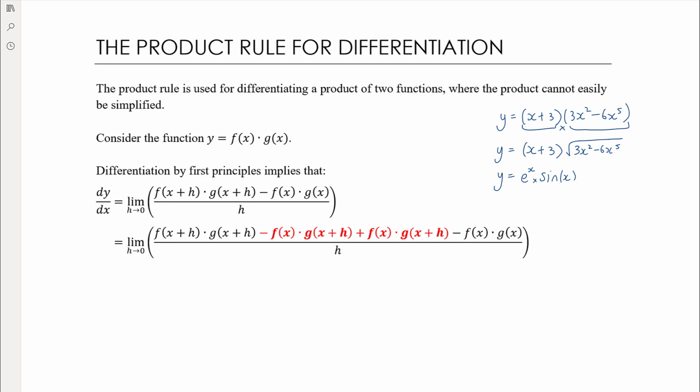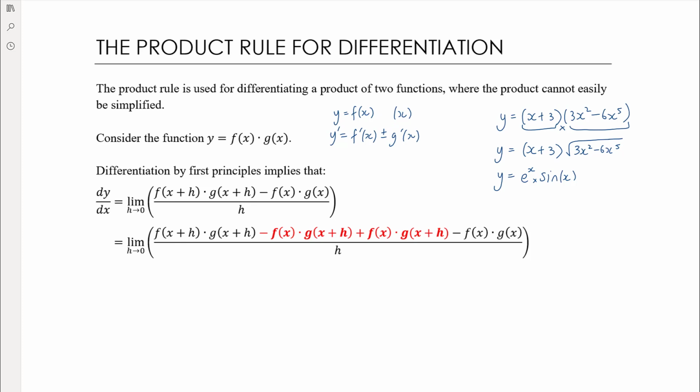So you'll recall in a previous video we talked about the fact that if you have a function which is the result of adding or subtracting together two functions, then its derivative is just the derivative of each of those two functions added together, or subtracted. However, if it's multiplication or division, the same isn't true.